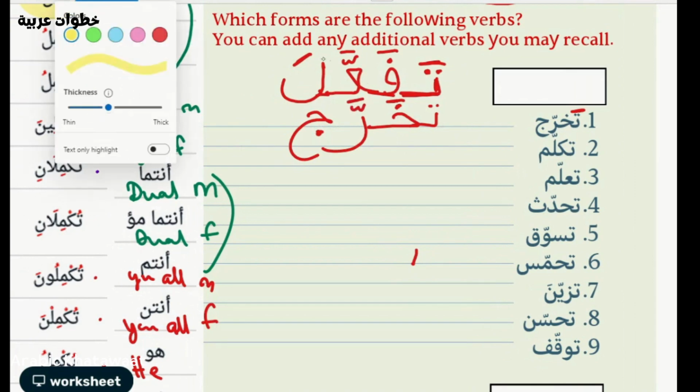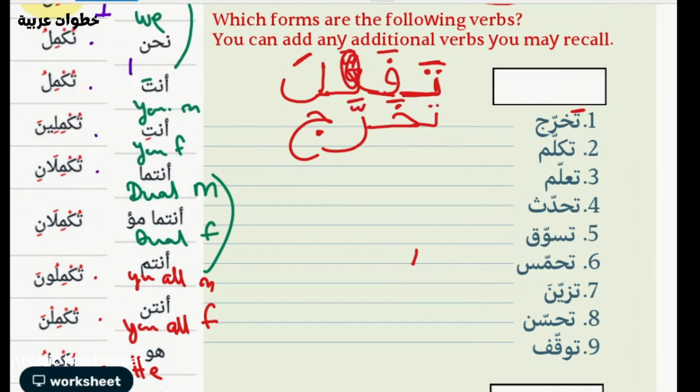So whatever short case I have on the ayn, must go on the R.